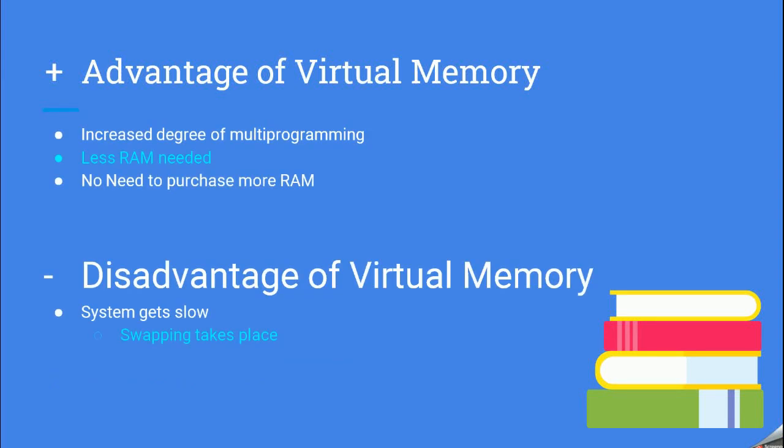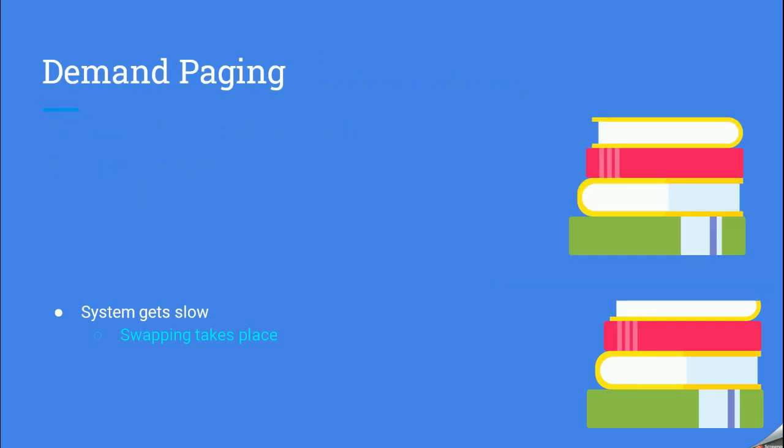Advantage of virtual memory: you need less RAM and you don't need to purchase more RAM, and multiple processes can run at the same time with a smaller RAM. Disadvantage: the system gets slow and the CPU is used more, because you have to swap processes in and out, so that kind of overhead and work has to be done behind the scenes.